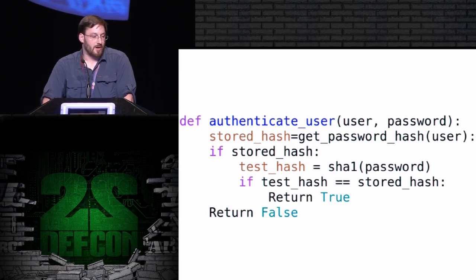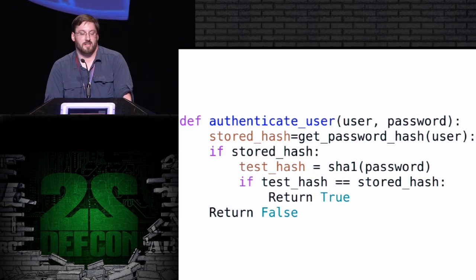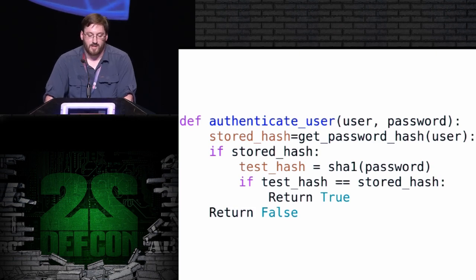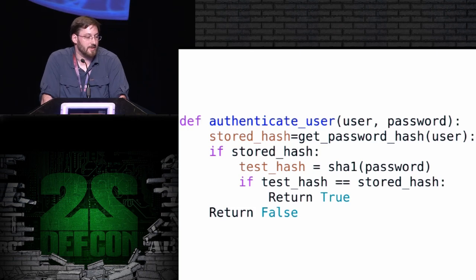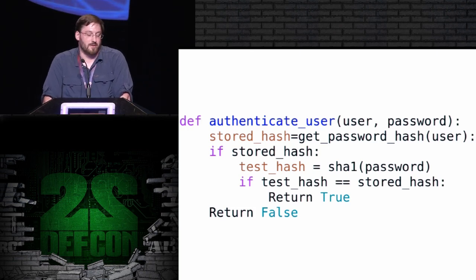You start with getting a username and password from your attacker. You look up the hash in the database. You compare the hash you got with the hash you have in the database, and then you return. I know there are issues with this, but this is sort of the basic workflow.